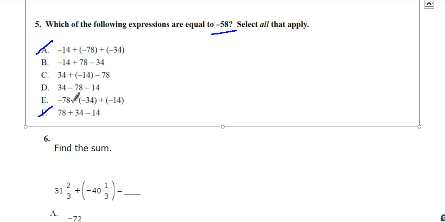The rest of these are possibilities, so the only way to be sure is just to try them out.